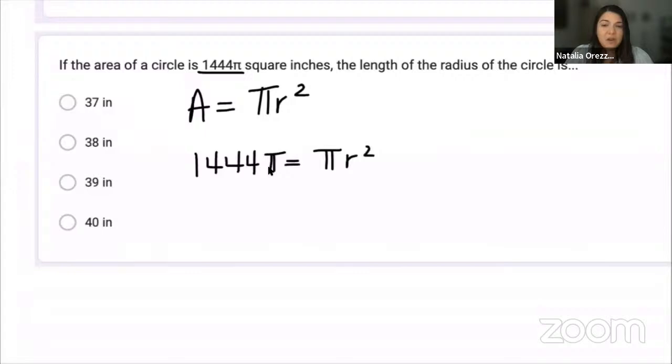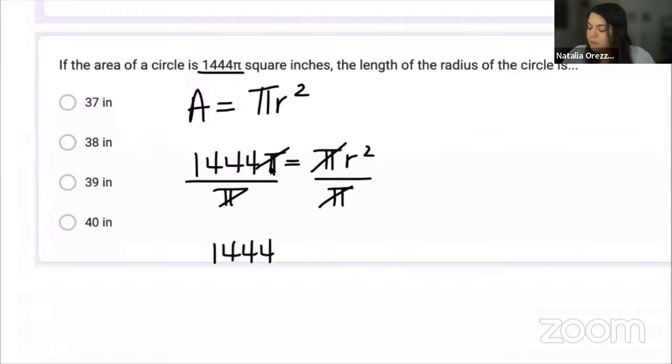When I see a variable, my goal is to get it alone on one side of the equal sign. So I'm going to divide by pi on both sides because I want to eliminate pi. This cancels out and this cancels out. I don't even have to worry about multiplying with the 3.14, because it's on both sides. I can just eliminate it by dividing. So I get 1,444 is equal to r squared.